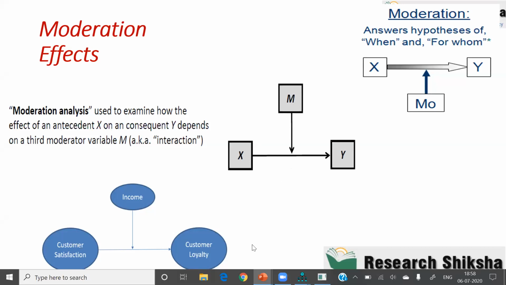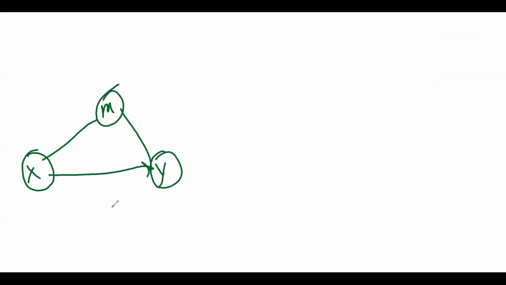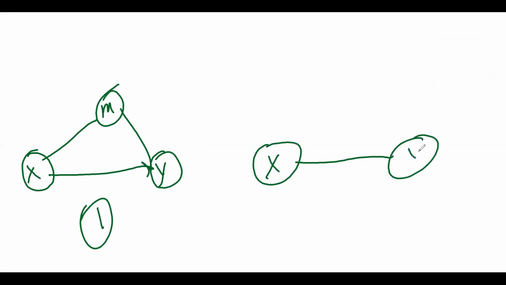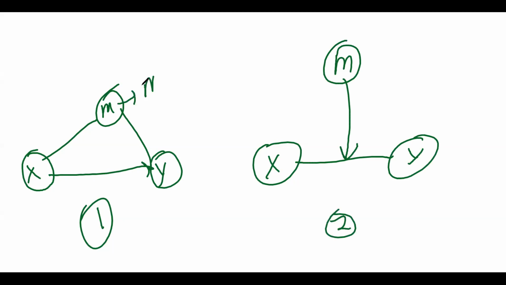So one thing I would like to tell you here: whenever you represent that X is causing M and M is causing Y, this is diagram number 1. In another diagram, I am showing you X is having an effect on Y and there is an M which is causing like this. So this diagram indicates that M is a mediator, and this diagram tells that M is a moderator.